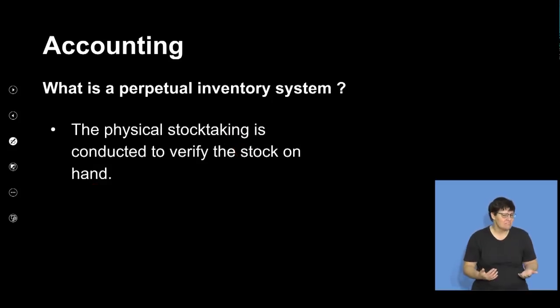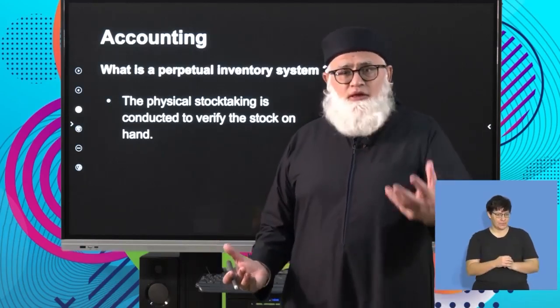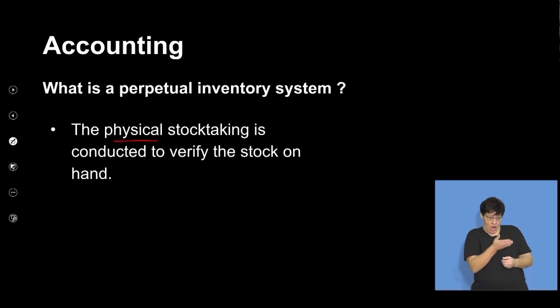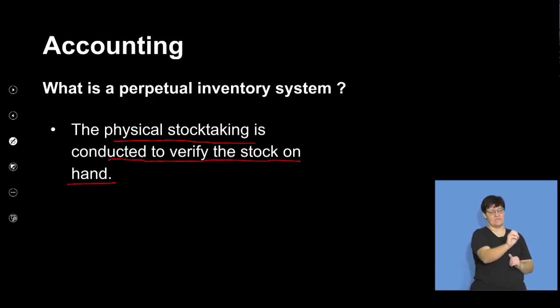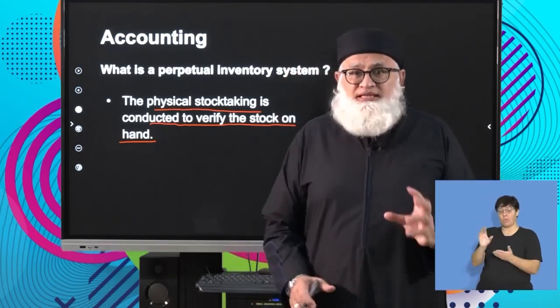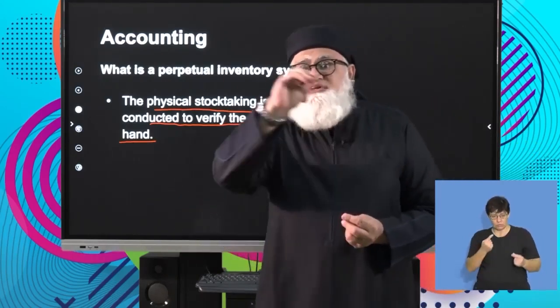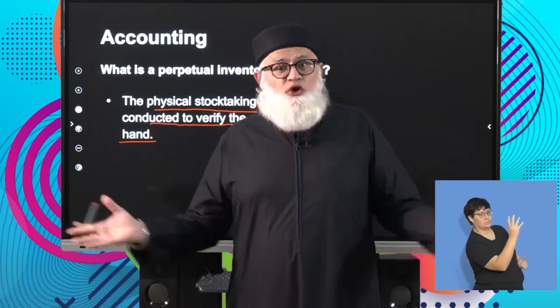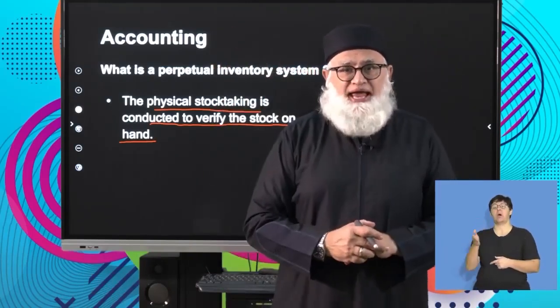How do we verify the value of stock on hand? And this is something you've been doing all the time. Physical stock taking is conducted to verify the stock on hand. If you want to verify that figure of stock that your records are showing, how do you verify it? By doing a physical stock count. You click onto the system and it says item A, 300 units on hand.